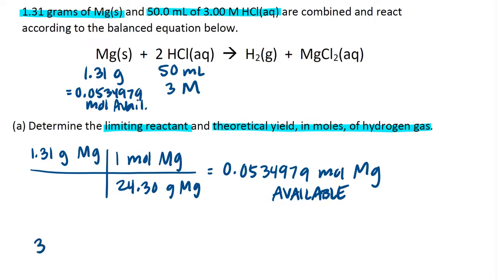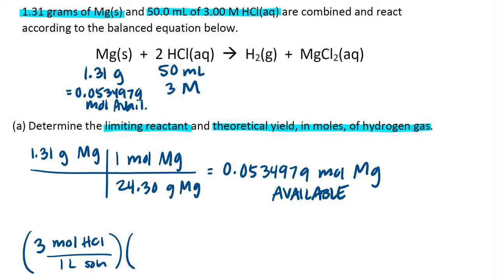Remember that capital M for molarity, you can really think of it as moles of that solute, hydrochloric acid, over 1 liter of the solution. And if you think of it in that way, it helps you see that molarity times the liters is going to leave you with moles of the solution.